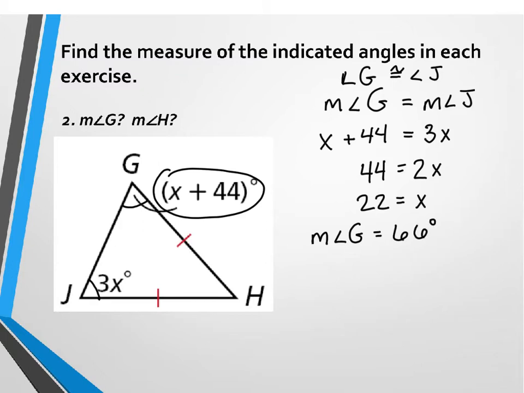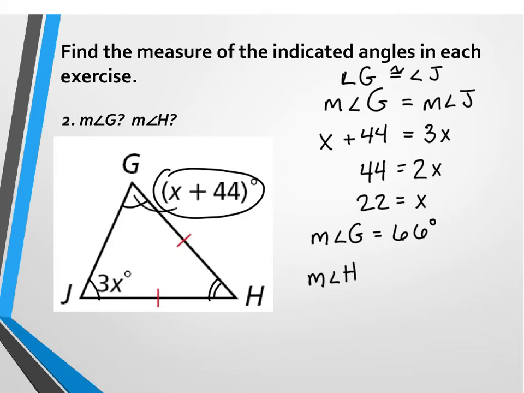Now the other angle measurement we're asked to find is this angle over here, angle H. Well, if we know that G is 66 and J is also going to be 66, then the angle left over from this isosceles triangle is just 66 plus 66, and subtract that number from 180 and you've got angle H. So let's figure that out.